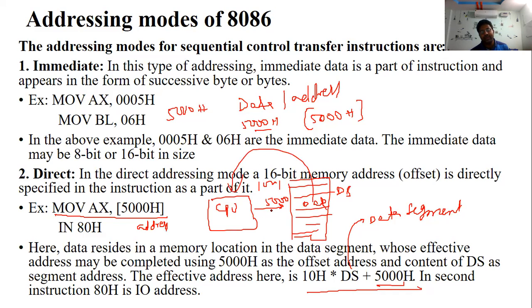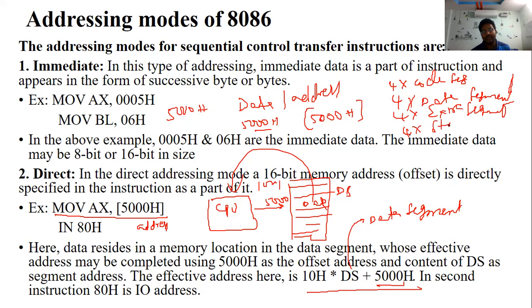So where is that available, in which type of segment? You know that memory is divided into 16 logical segments, nothing but 4 code segments, then 4 data segments, then 4 extra segments, then 4 stack segments.